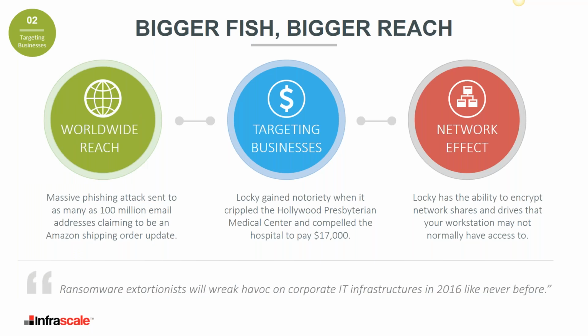When you start going to targeting businesses, we saw big changes in terms of how it spread. In the early days, it would be just a very slow rolling effect across an individual. And you may have a ransomware variant in your machine for a couple of months. That was 2013, 2014.